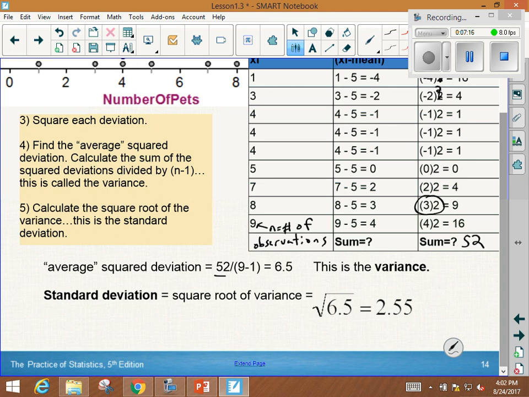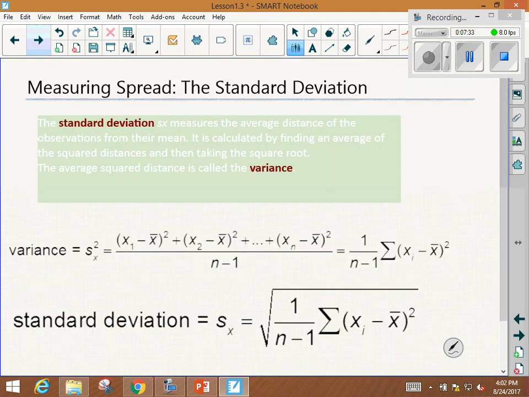And that's right there, right? This is n minus 1. So there's n. And we're calculating our standard deviation. So that first number is the variance. Remember, our standard deviation is the square root of the variance. Okay.